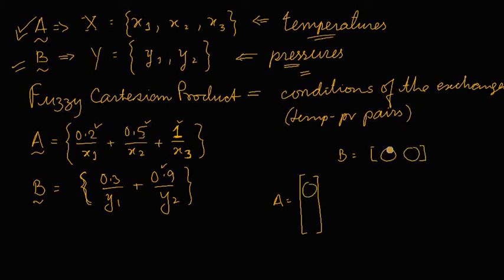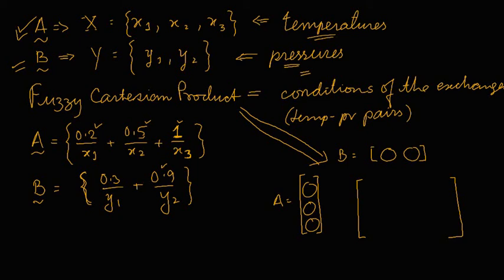And then the fuzzy Cartesian product, using the relationship which we studied earlier for fuzzy relations to represent the efficient condition, can be obtained in the form of a matrix.